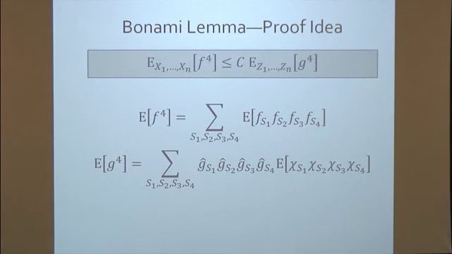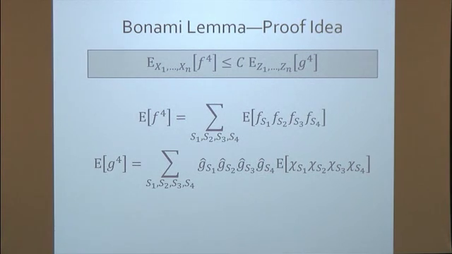So we can consider each variable separately. Now, if some variable doesn't appear in these sets at all, then of course it doesn't contribute anything. If a variable appears one time, then its expectation is 0, and then this expression is also 0.